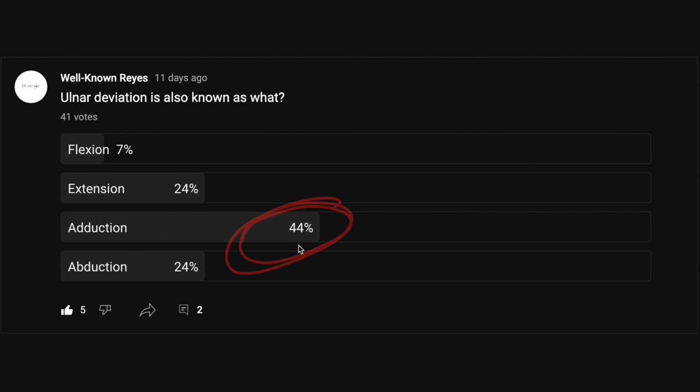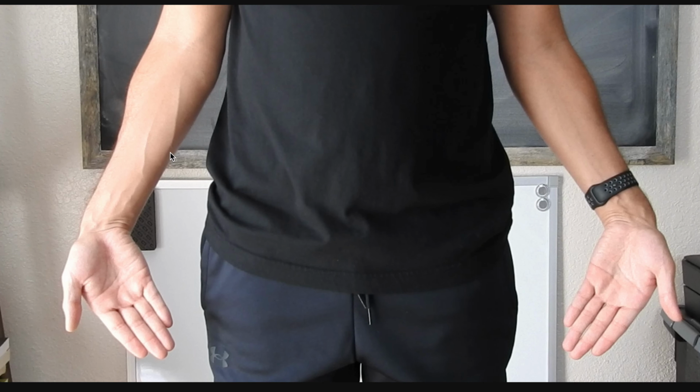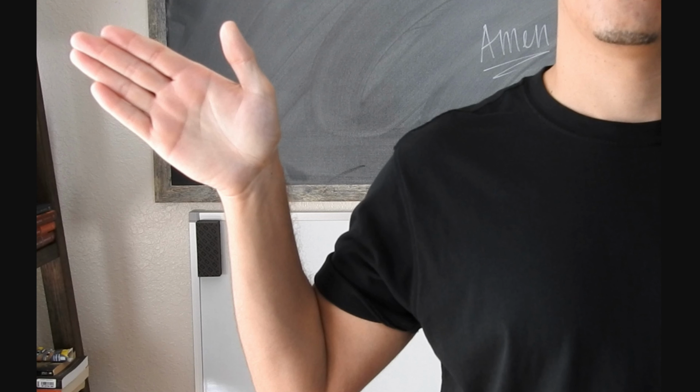So a majority of you got this answer correct. Now there's something interesting here. Let me show this to you. Remember that this is adduction because it is deviating towards my ulna. My ulna is in my medial forearm. It is the bone that is the medial bone of the forearm in anatomical position. And we always have to refer to the body in anatomical position. So now check out this movement. What is this?